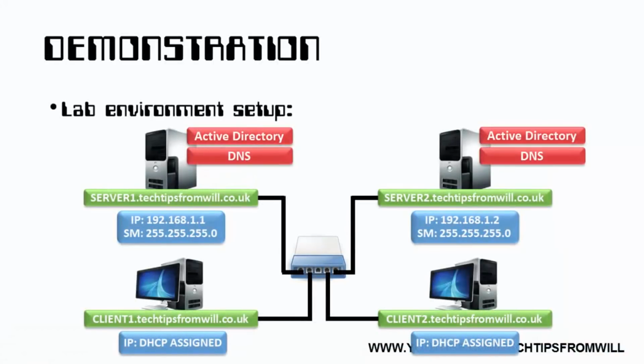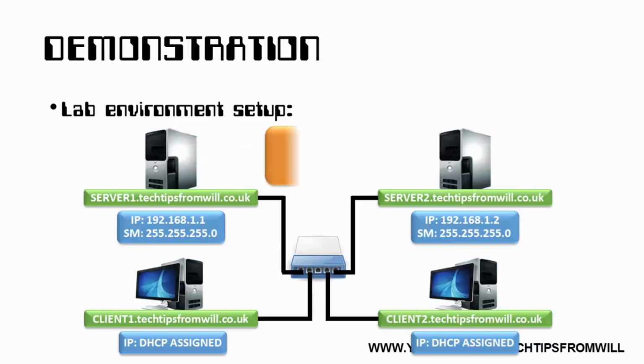The DHCP server role is now installed onto both Server 1 and Server 2. The next step is to create a scope. A scope is simply the range of IP addresses that DHCP servers will give out to client computers.